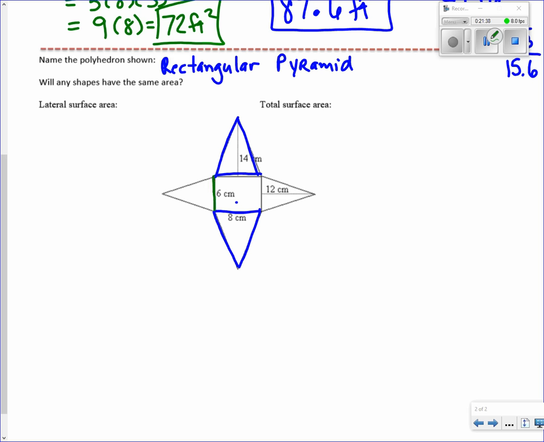Likewise, these ones that are opposite here will have the same area. Okay, so will they have the same area? Yes. Opposite triangles, which are the sides of this pyramid.